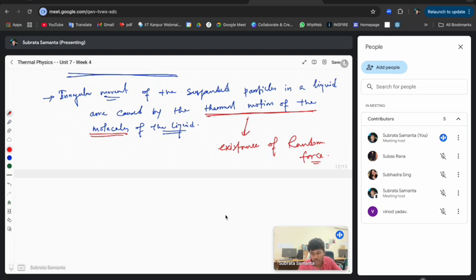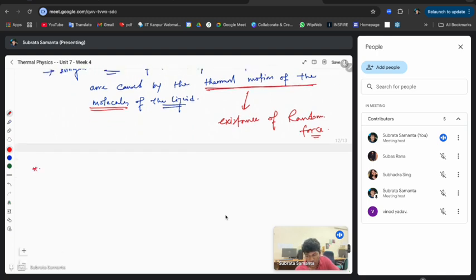Suppose that we impart to a particle that is suspended in a liquid a certain velocity v by a force applied to it from the outside.